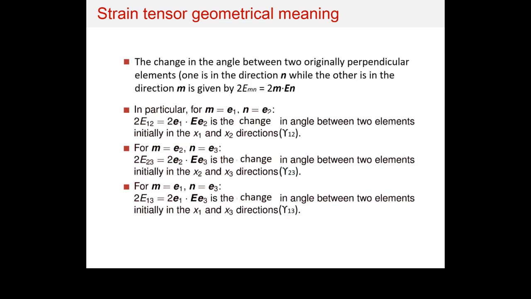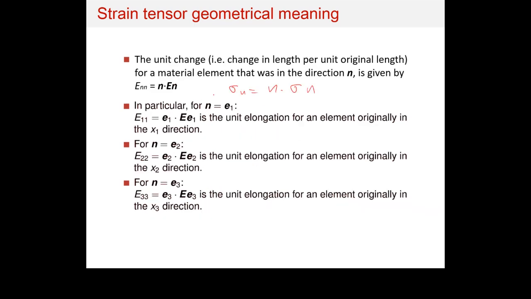And if you want the shear component, you multiply with n and m. n is a vector and m is a vector, so both are vectors, and you get the shear component of the strain. Now, I want you to understand that there are different meanings here. The normal component of the stress was basically the stress active in the normal direction.